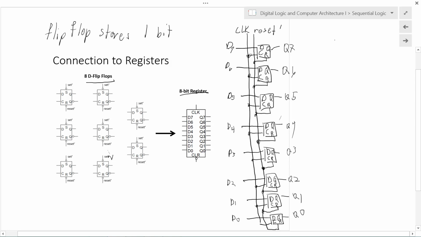Set prime is not used here on the register. So set prime on each flip-flop should be equal to digital logic 1. This constant will ensure that the flip-flops are never set equal to 1.